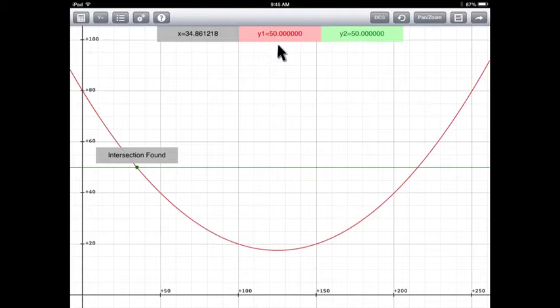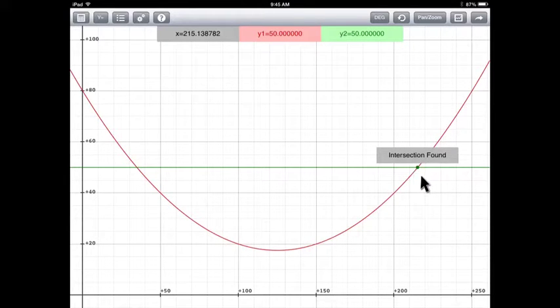And notice that the height for both the red equation, which is our suspension bridge, and the green equation, which is just the straight line at y equals 50, they match. So it's the intersection. Similarly over here for the other intersection point. Again, where is it 50? And that's when the distance from the left-hand tower is about 215 feet.